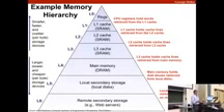Okay, here's the idea of a memory hierarchy. Instead of a flat memory system, you create your memory system as a hierarchy of devices. And at the top of this hierarchy, you have your smaller, faster, and more expensive storage devices. So at the very top, you have registers, which can be accessed within one cycle.